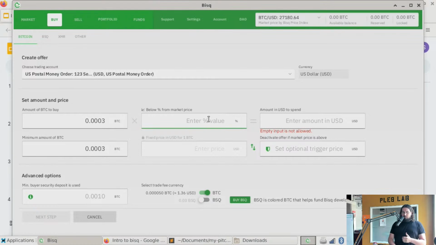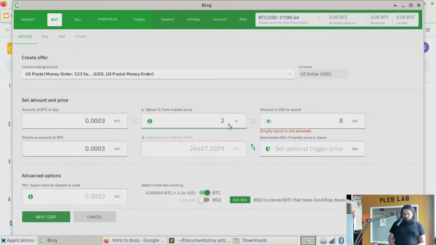Bitcoin's price is $27,000 right now. Maybe I'm willing to pay 2% over that, so whoever's selling me the Bitcoin will get $27,000 worth of however much Bitcoin I want to buy plus 2%. That way they get a profit.